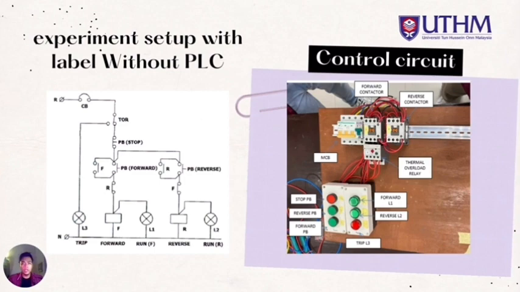For the indicator part, we use three indicator lamps: L1, L2, and L3. L1 is for the forward lamp, L2 for reverse, and L3 for the trip lamp. That's for the control circuit.